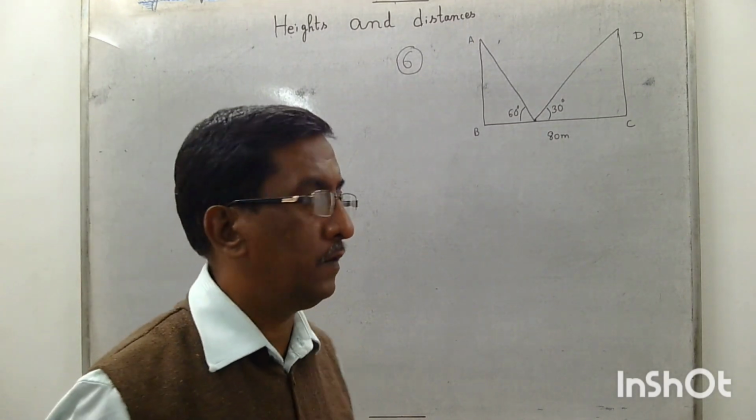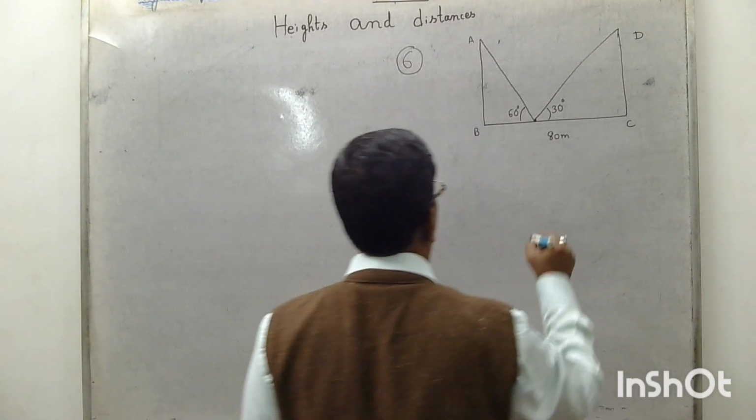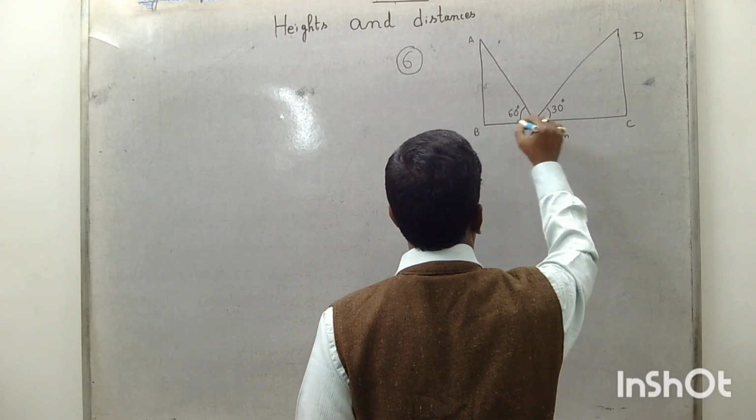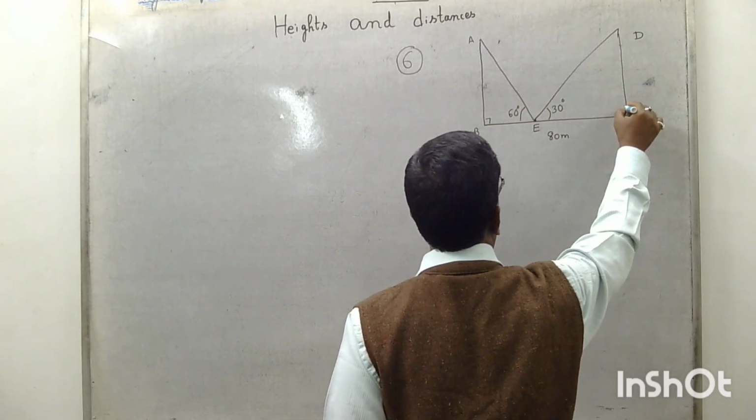Let the point be E. This is right angle and this is also right angle.